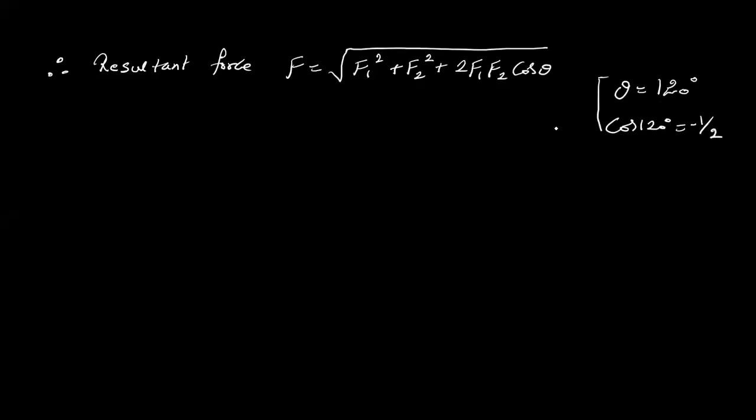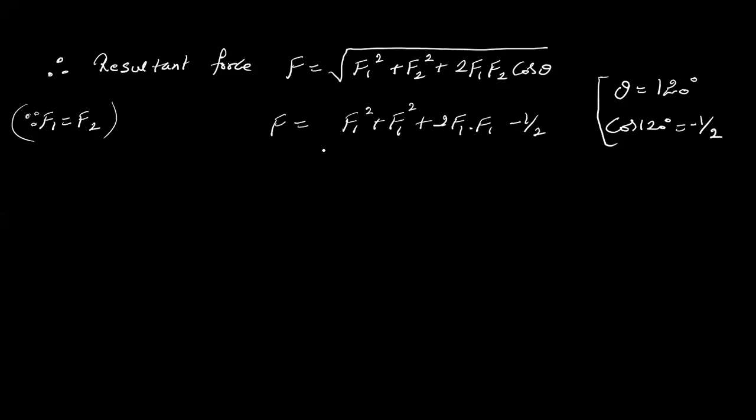Since F1 is equal to F2, I can write F1 square plus F1 square plus 2F1 into F1 cos 120, minus 1 by 2.